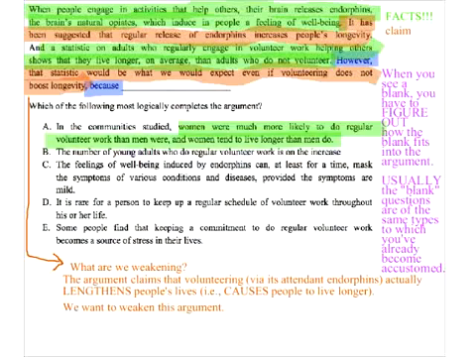Being female. Choice A says that if someone is a woman, they are likely to volunteer more, and if someone is a woman, they are likely to live longer. So that's what's causing this. It's not cause and effect. They are both effects of being female.